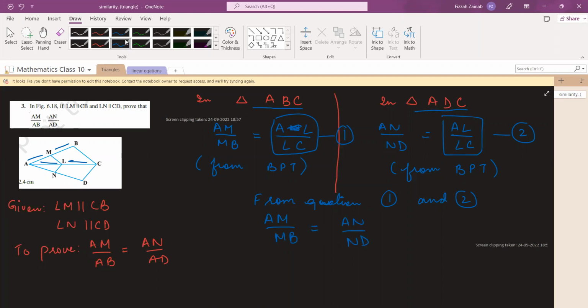Now you see clearly what you have to prove. This AM is already here, and AN is already here. Now this MB, you don't want. So somehow you have to change this MB into the full length AB. Is this clear?